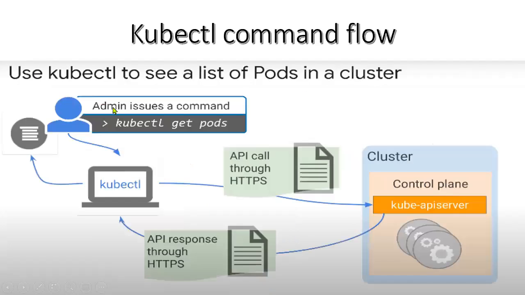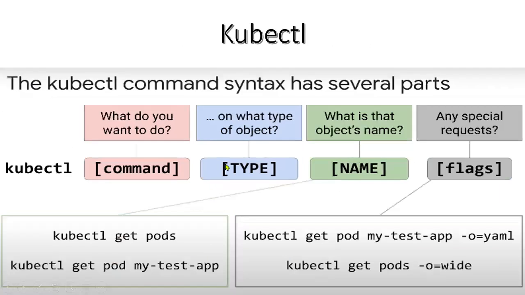Here what we said is kubectl get pods. This is kubectl, the command you want to execute, and on what type of objects, that is pods. The syntax: kubectl get pods. Or kubectl get pod my test app, where this is a pod name.